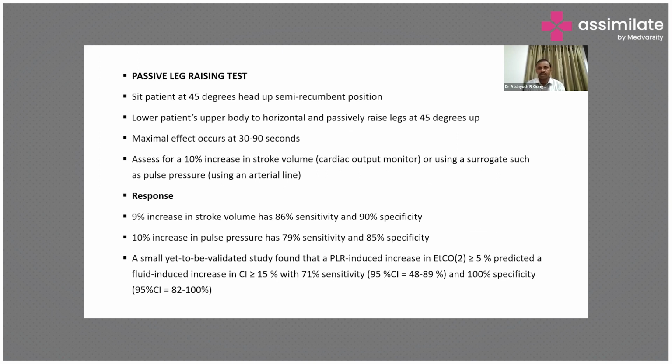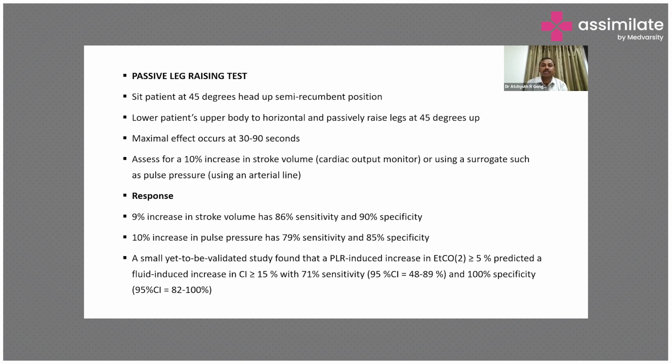So initially you have made the patient semi-recumbent with head up, and then horizontal, and then on the opposite side you are elevating the legs of the patient by 45 degrees. And the maximal effect here occurs at 30 to 90 seconds. And if the patient's stroke volume is increased by 10%, it is considered that your patient is fluid responsive.